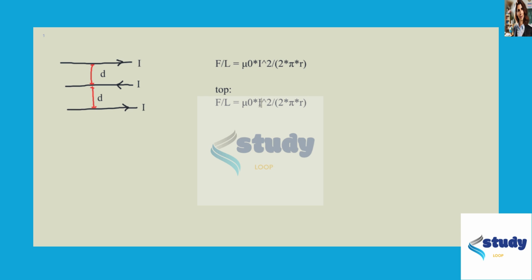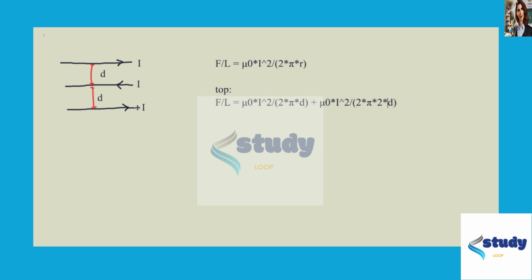And again, the magnitude is just I, and it's separated by a distance d here. Now we want to add the force coming from the bottom wire. The bottom wire is a distance 2d away. So this d now becomes 2d. Actually, yeah, we'll just leave it like this.